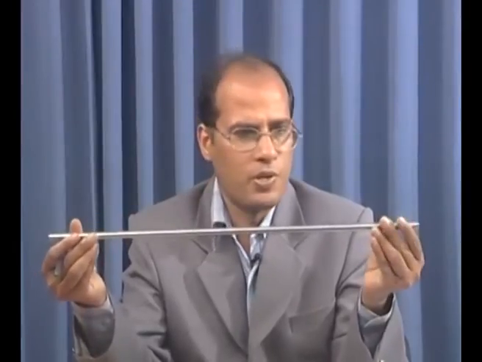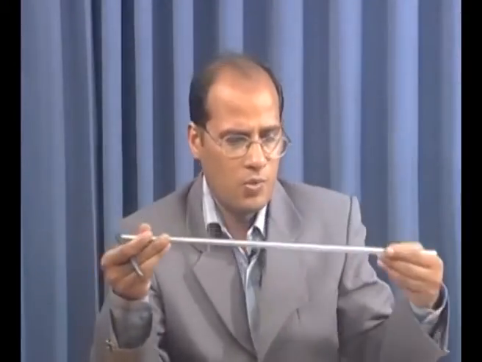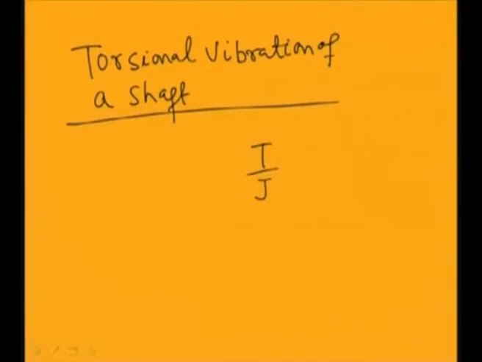In the case of pure torsion, you know the well known formula T by J equal to G theta by L equal to tau by R. If you have a shaft subjected to a torque, let this end be fixed.